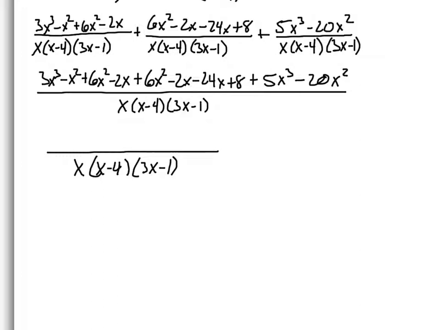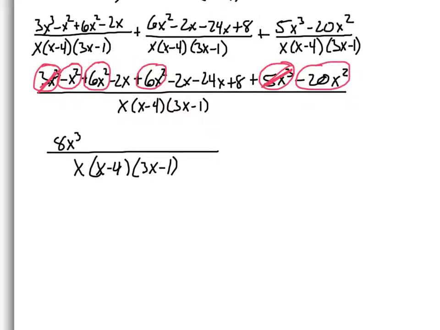So you want to start with the biggest power. And I see x cubes. So I'm going to take 3x cubed and 5x cubed, add them together, and give me 8x cubed. So then those guys are gone. Let's see here. What else have we got? We got x squareds. So we have negative x squared plus 6x squared plus 6x squared minus 20x squared.